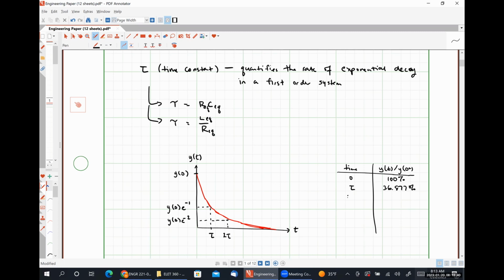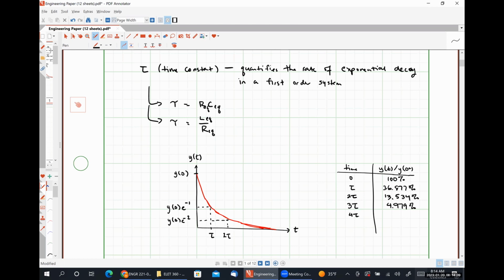In 2 time constants, our signal is effectively at e to the minus 2, or 13.534% of its original value. In 3 time constants, we're going to have e to the minus 3, which is 4.979% of its original value.